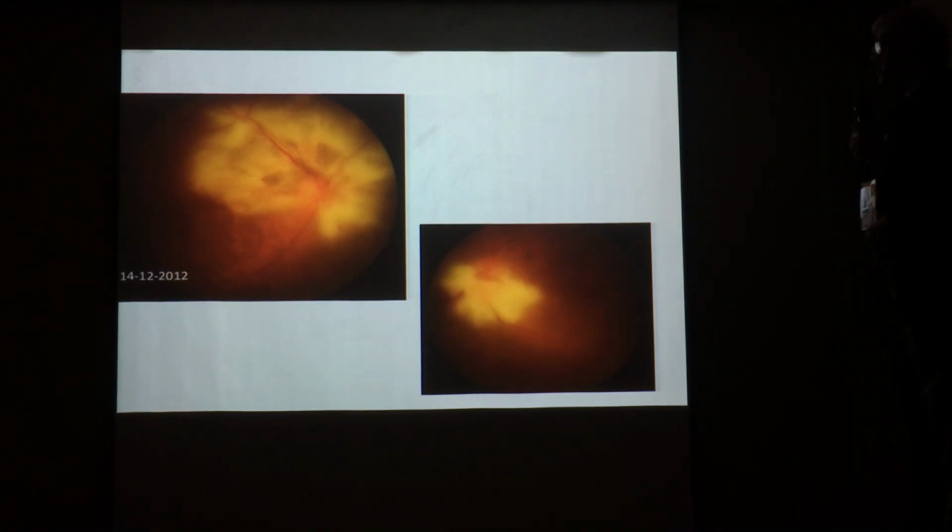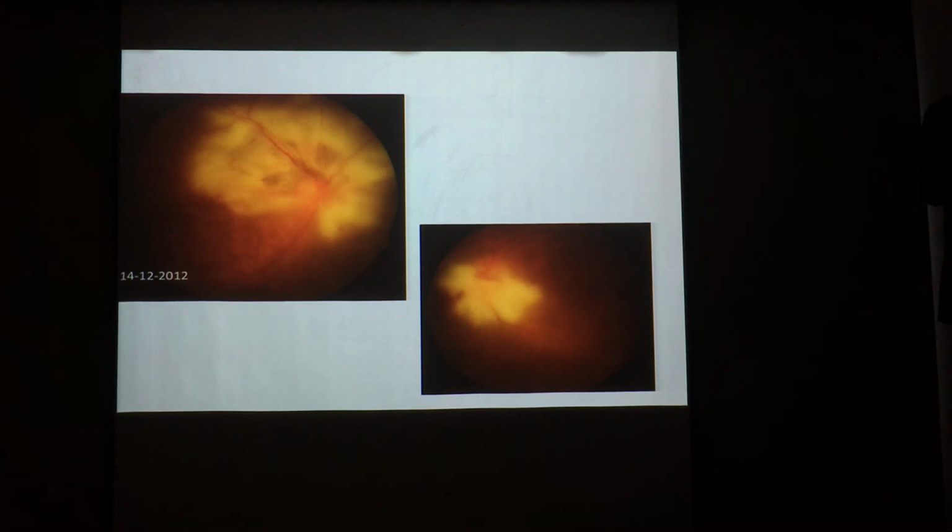So you think this is affecting the retina or it's affecting the choroid? Retina. Yeah? Any other opinion? Neuroretinitis. What is the essential qualification for neuroretinitis?